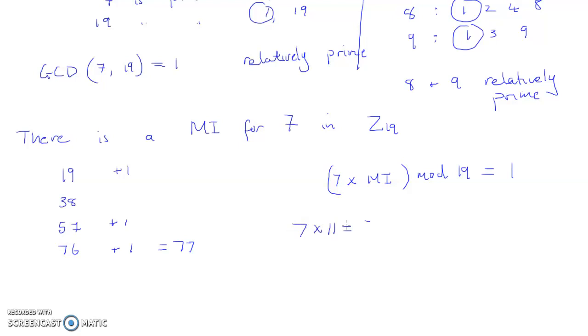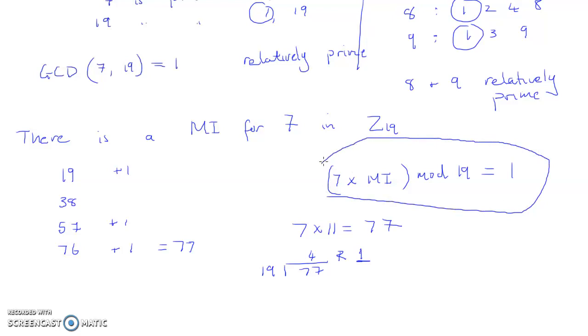And then you check 19. Well, we know 19 goes into 77 four times with a remainder of 1. So this remainder is the indicator that we have a multiplicative inverse.